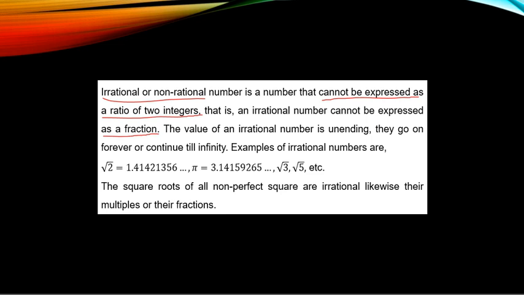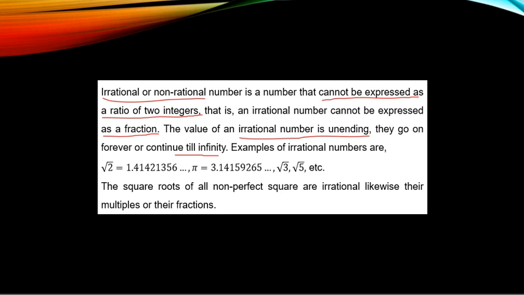While you can express rational numbers as a fraction, you cannot express an irrational number as a fraction. As a matter of fact, the value of an irrational number is unending. You see why you cannot express them. They go on forever or continue till infinity.